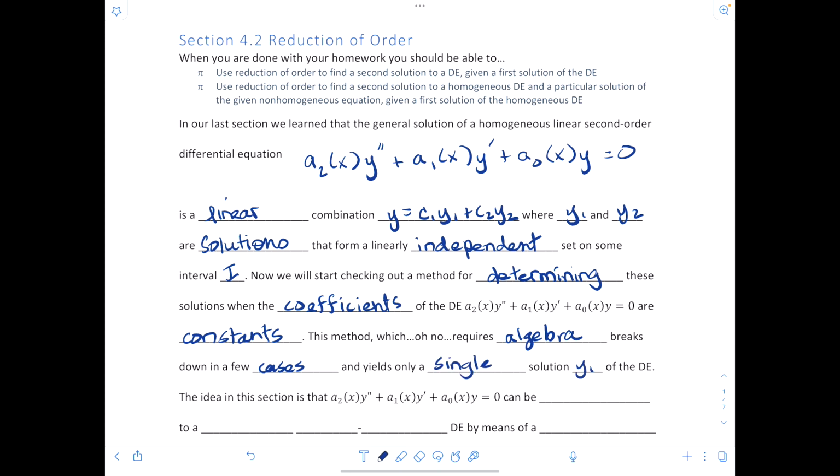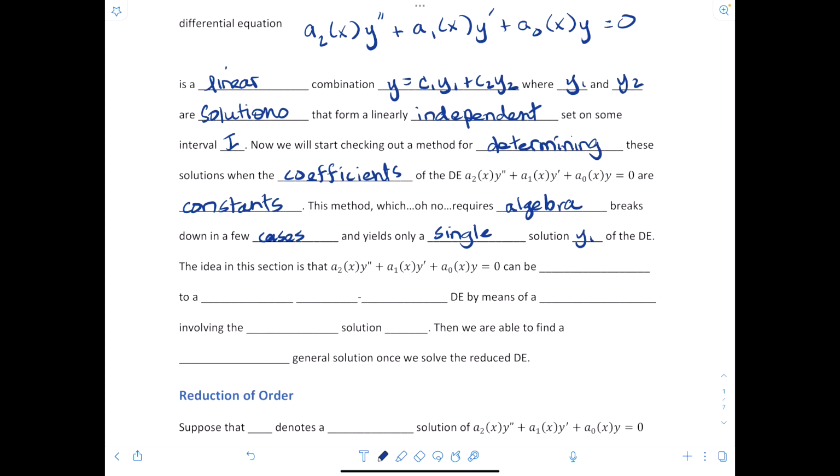of the DE. The idea in this section is that a2(x)y'' + a1(x)y' + a0(x)y = 0 can be reduced to a linear first order differential equation by means of a substitution involving the known solution y1.